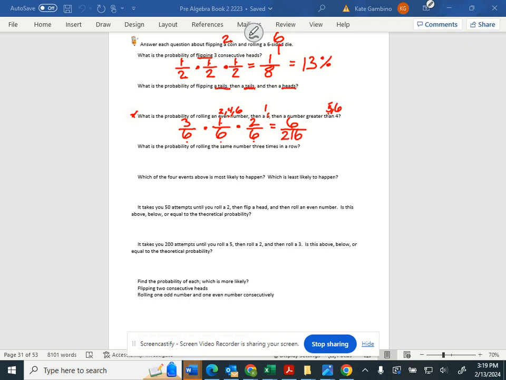So the probability of rolling an even number, then a 1, then a number greater than 4 is 6 out of 216. I find that percentage, 6 divided by 216, and I get 3%. So you need to always look at how many events are happening, find each of those individual successful outcomes, find that probability, then multiply all of those across.